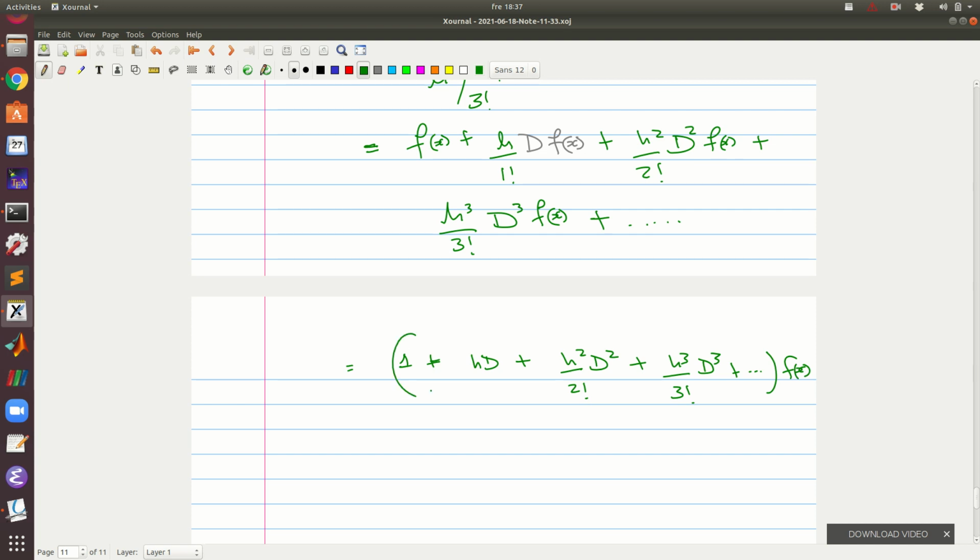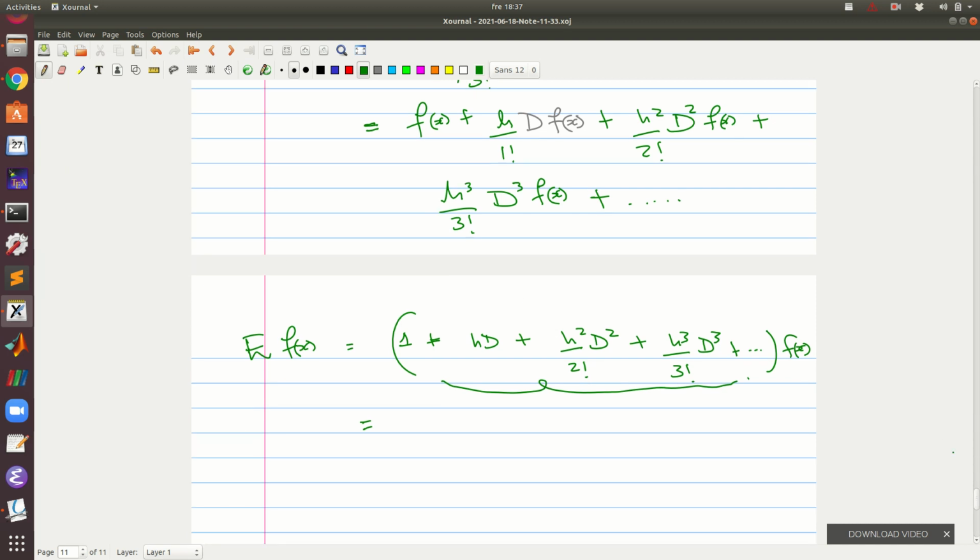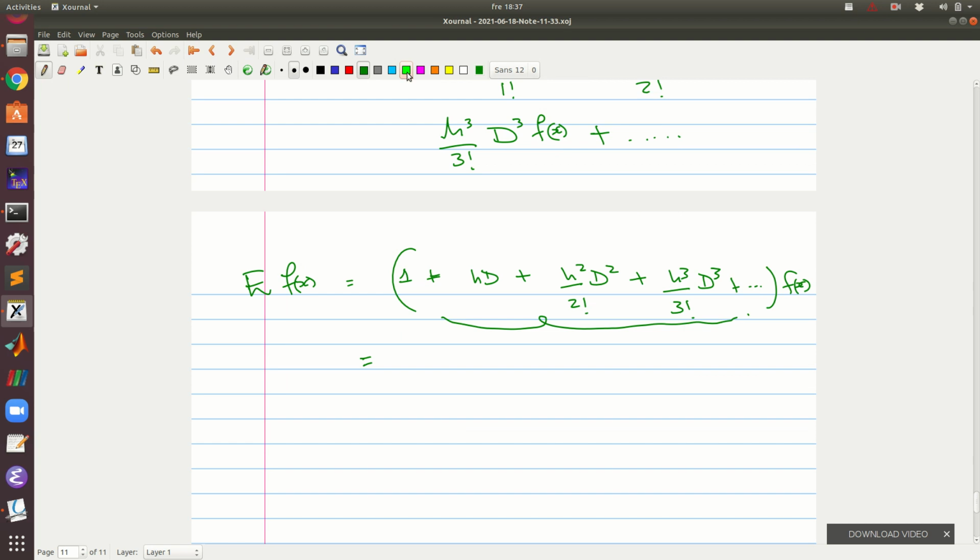Okay, so on this side, remember we had the shift operator of f at x. So we can see, now I would like you to see that this is just the expansion of, maybe before we go to that, I would like to remind you, just as a side note here, you know the expansion of e to the x.